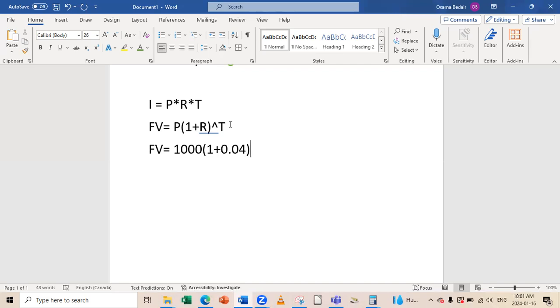Power 1 means 1 year, you don't need to write it, but I will write it to explain and show it better. So this will be 1,000 multiplied by 1.04, and that will equal 1,040. Okay, and that's exactly what is shown up here. I will show it to you right now.